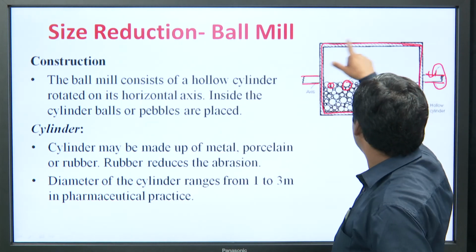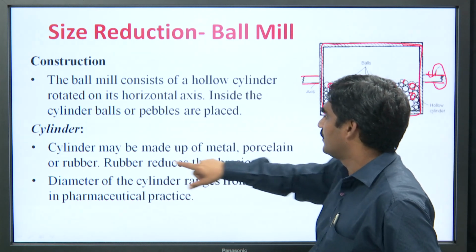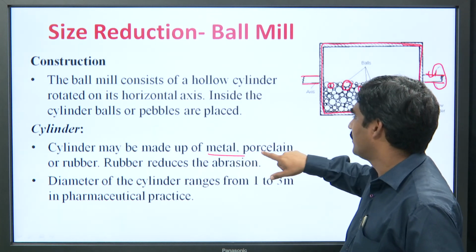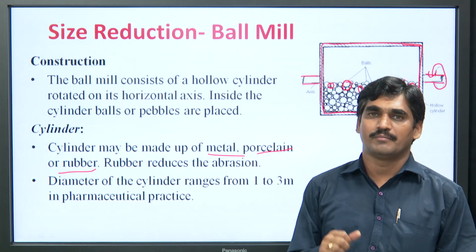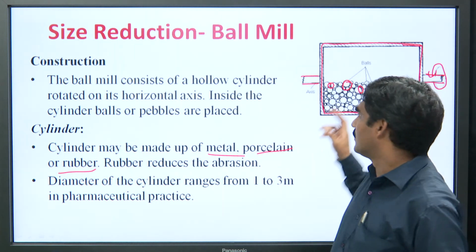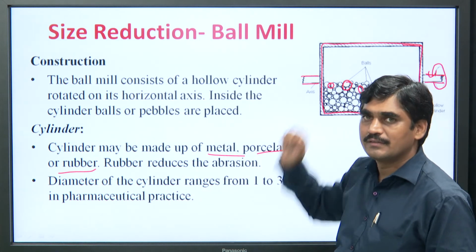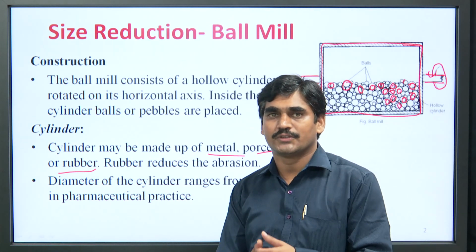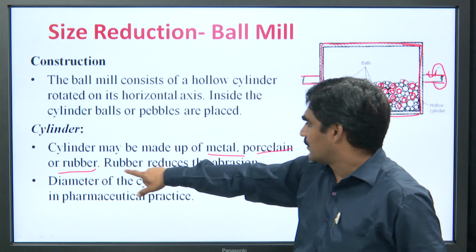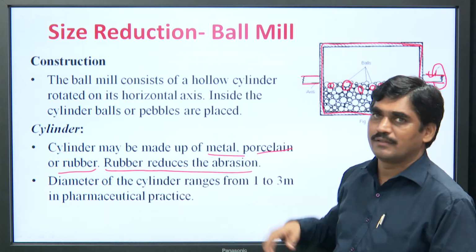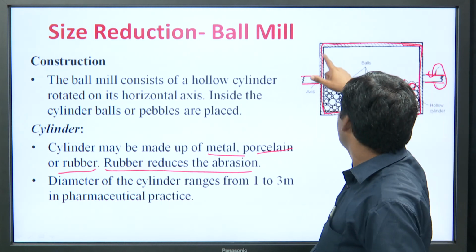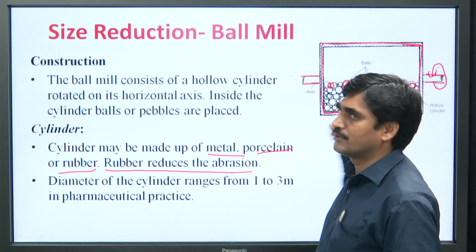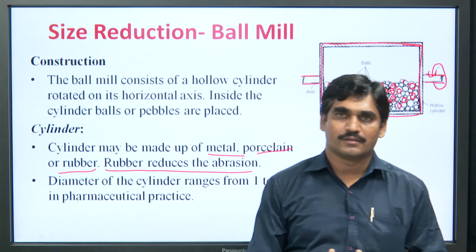this hollow cylinder is made up of metal, porcelain or rubber. These are the different materials which are used for construction of the cylinder used in the ball mill. Use of rubber reduces the abrasion, that means wear and tear of the inner portion of the cylinder or mill.